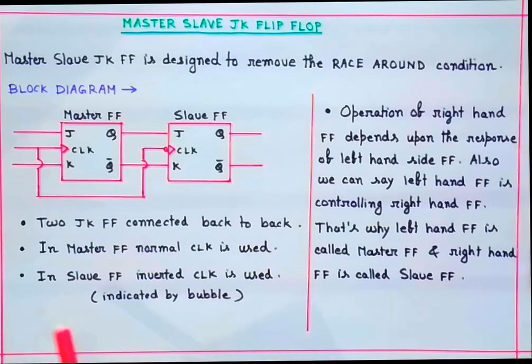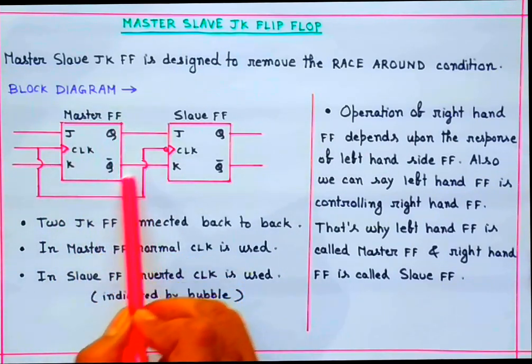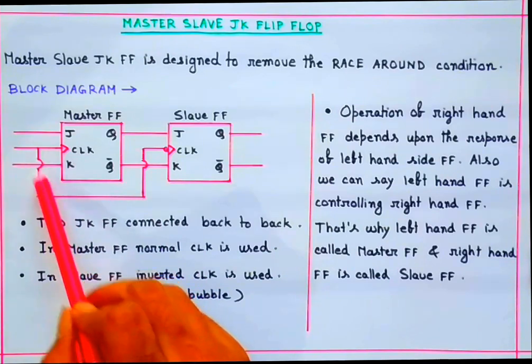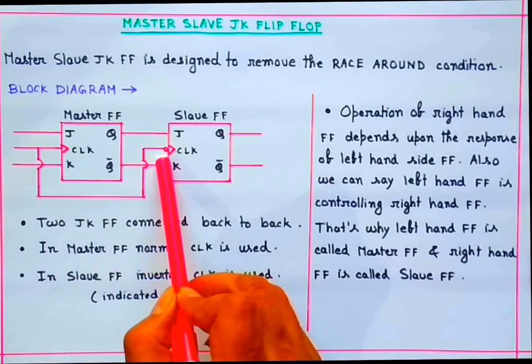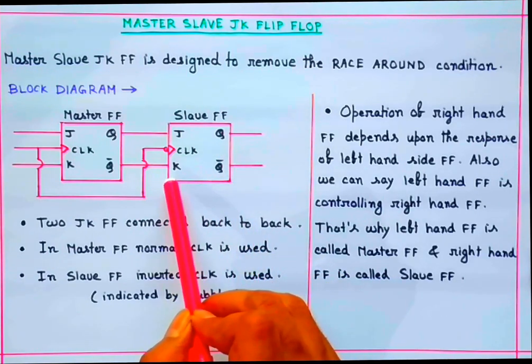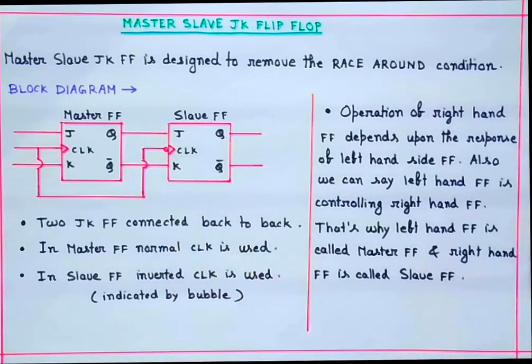You can see that normal clock is going to this JK flip-flop, but there is a bubble in this clock before entering this slave JK flip-flop. This bubble indicates the inverted clock. That's why I have written here that the inverted clock is represented by this bubble.